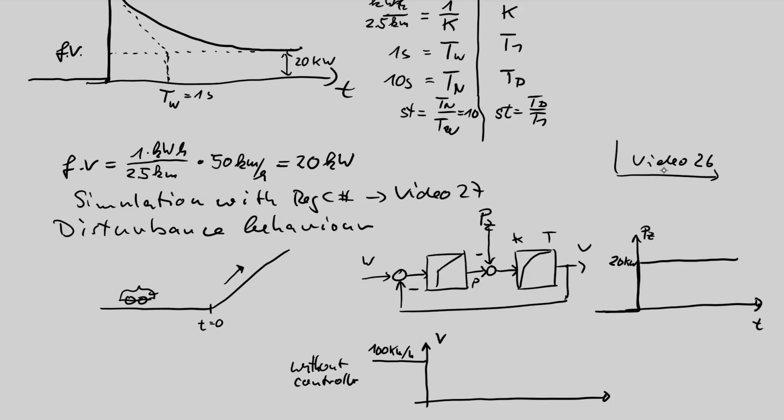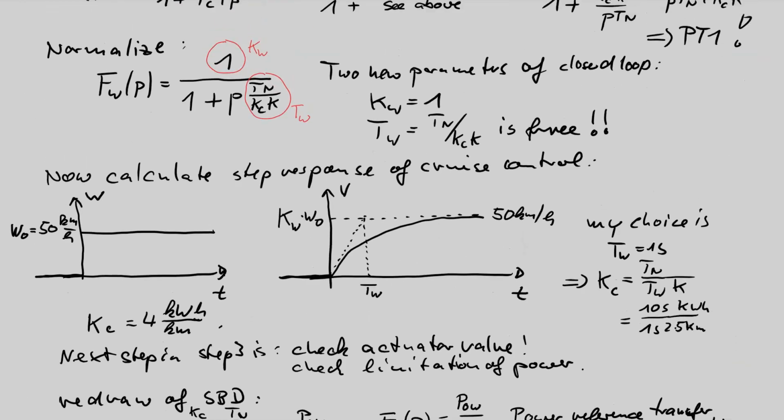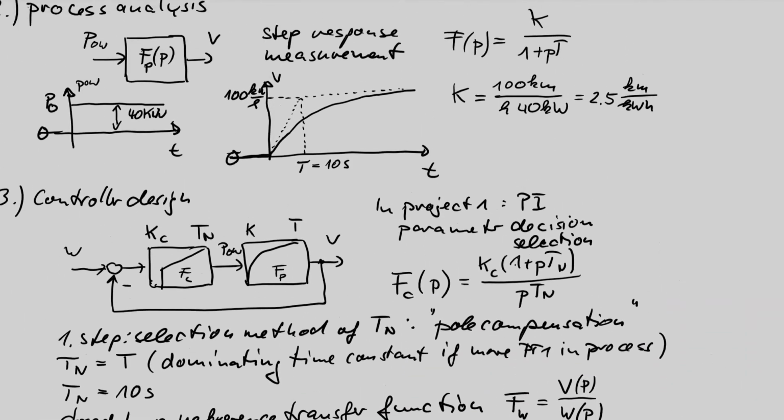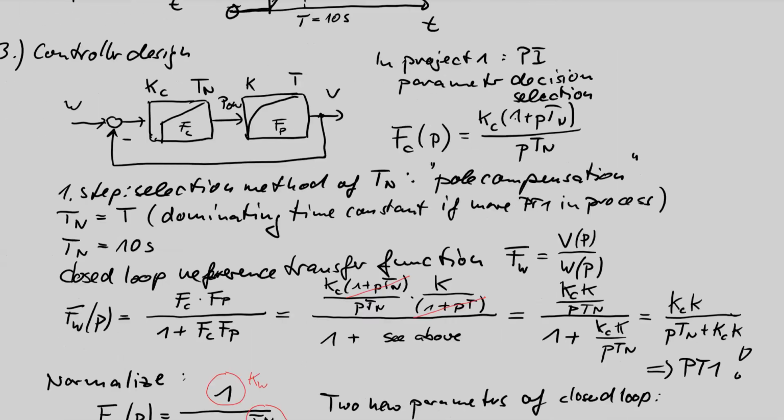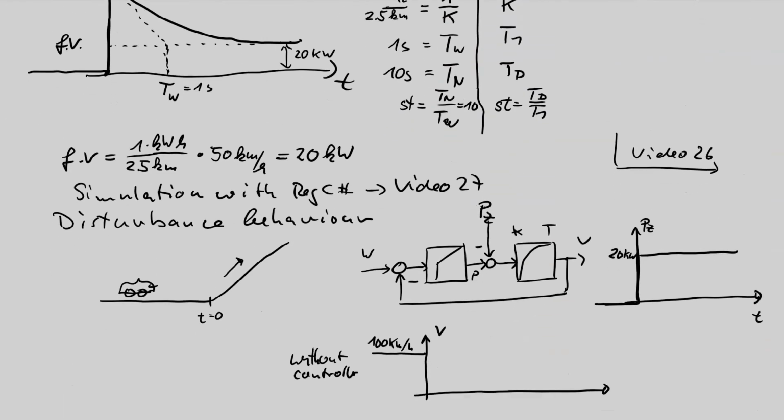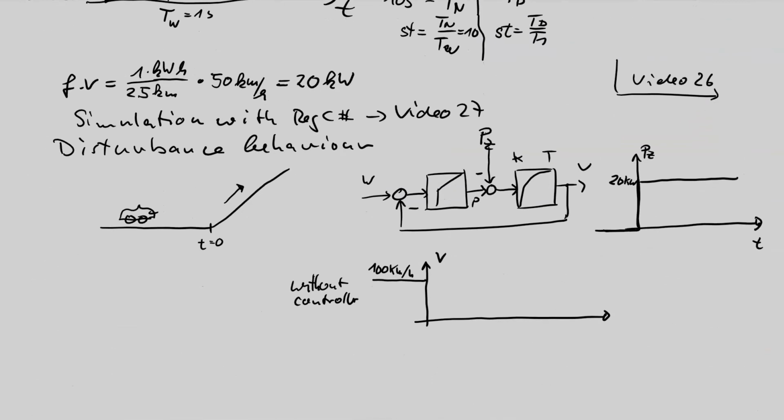We know what power we need to get this on a horizontal part. Go back to our measurement. 100 kilometers per hour in our situation needs 40 kilowatt motor power. So that means here the motor pulls my car at 100 kilometers per hour with 40 kilowatt.